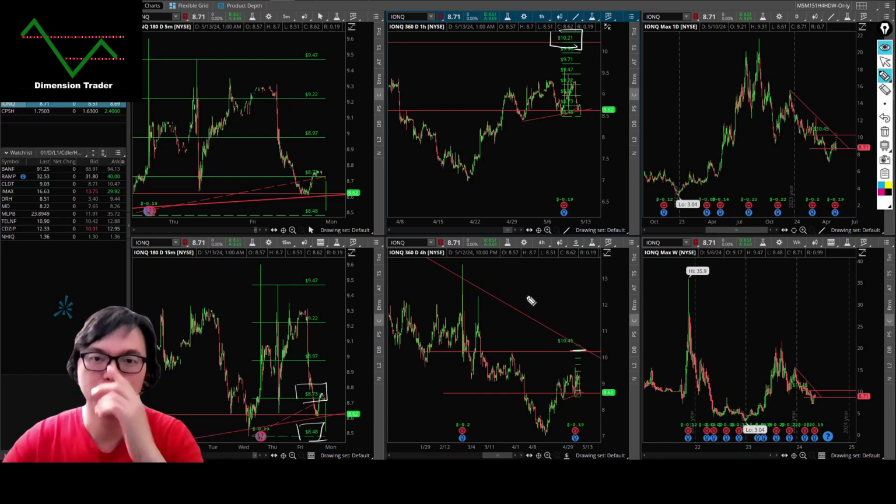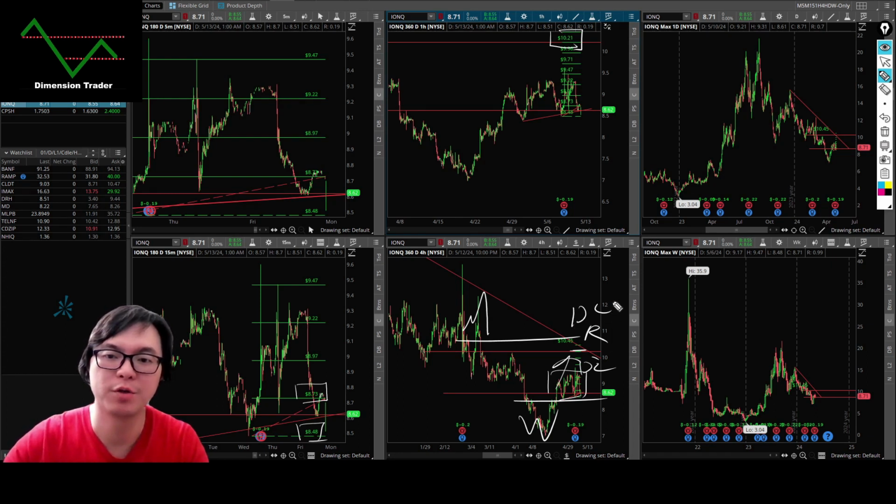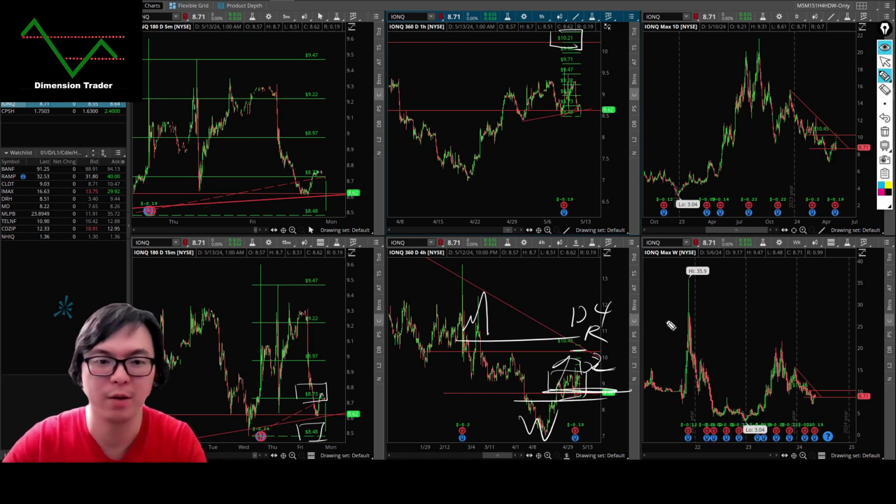As the Dimension Trader price cycle, this is going to be the dimension 2 area, which means we have the top, bottom, continuation going up, resistance formed, and we are going to hit in dimension 4 from dimension 2 pricing retesting the support line.